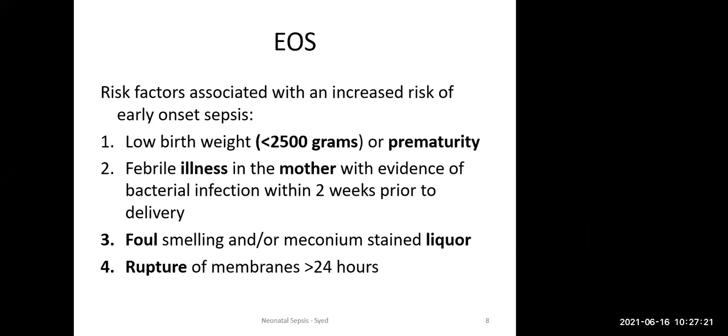The most important measure is to prevent sepsis, and the best way is to treat maternal sepsis, to prevent the infection from transferring from mother to baby. That's why history from the OMG is very, very important.